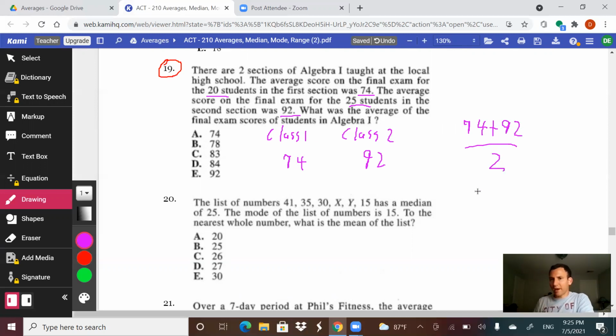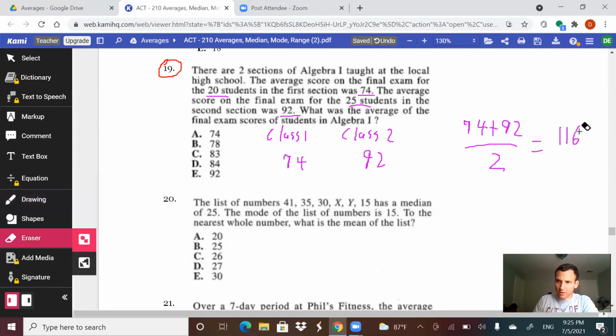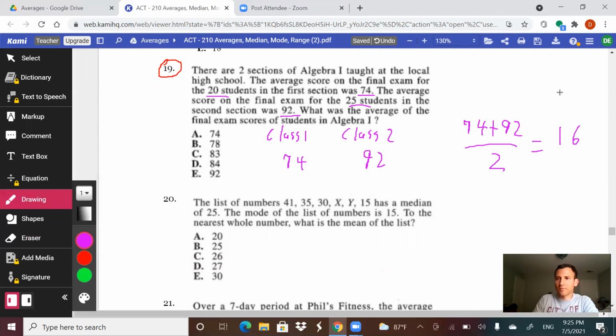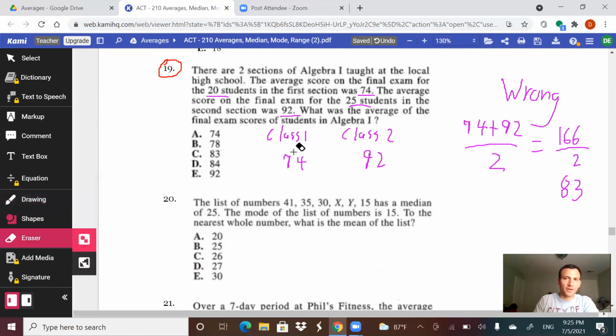So what you're looking at is 166 divided by 2. So you're looking at 83 here. That's wrong. And hopefully you kind of know why that's wrong, but I'll explain.